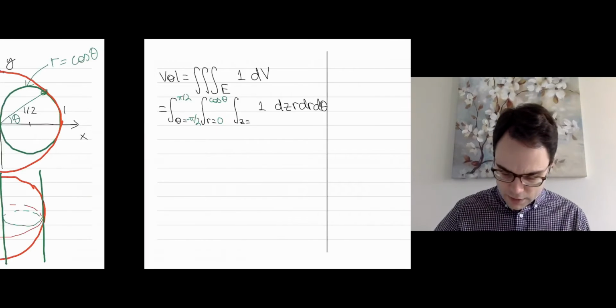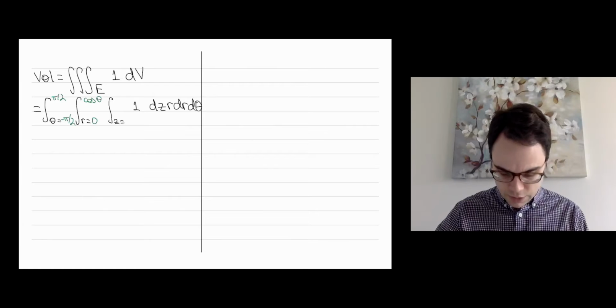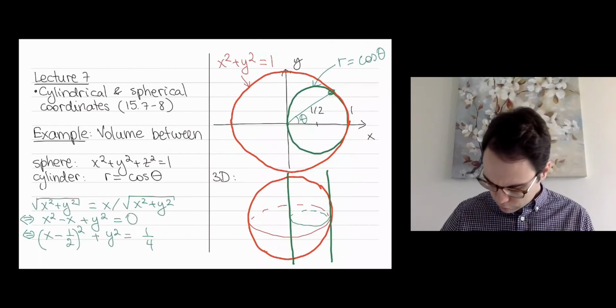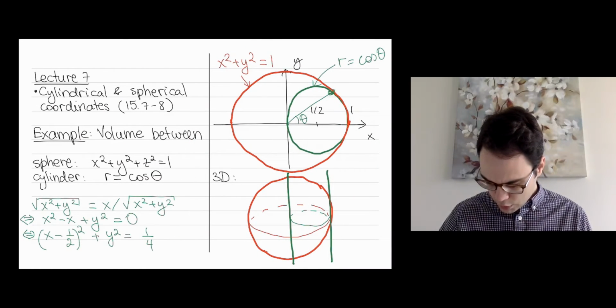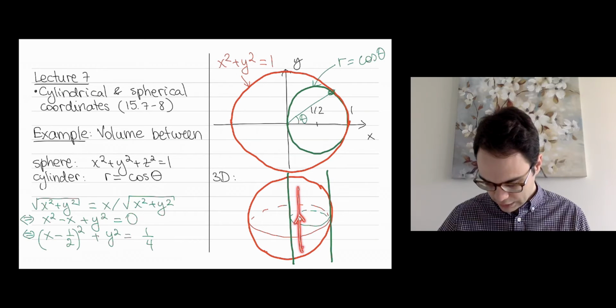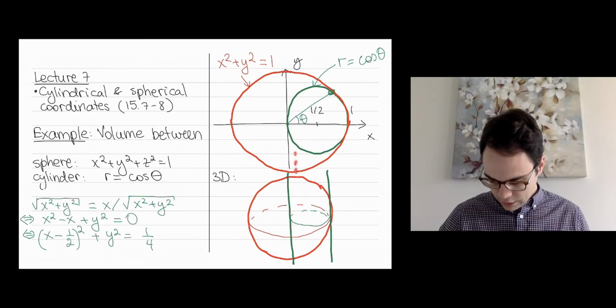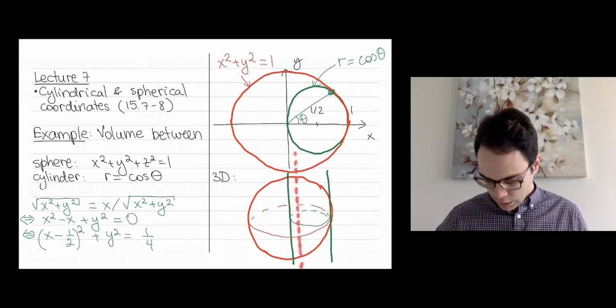Now finally, we put in the bounds for z for the innermost integral. For each point in the projection of the shape onto the xy plane, we're going to do a vertical integral like this.